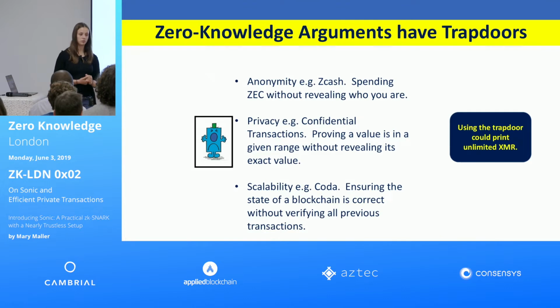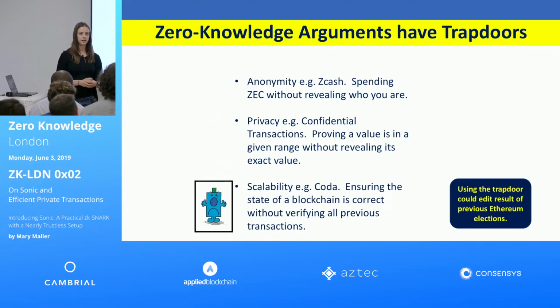If you're talking confidential transactions, you could say something is in a given range, and actually it could be far beyond that given range. And if you're talking scalability, the thing that you're saying satisfies a statement and is very compact could have nothing to do with the statement at all.